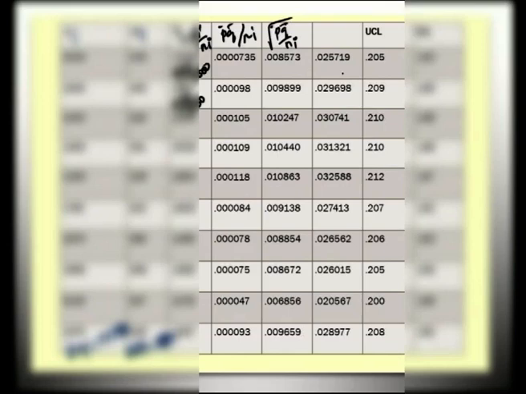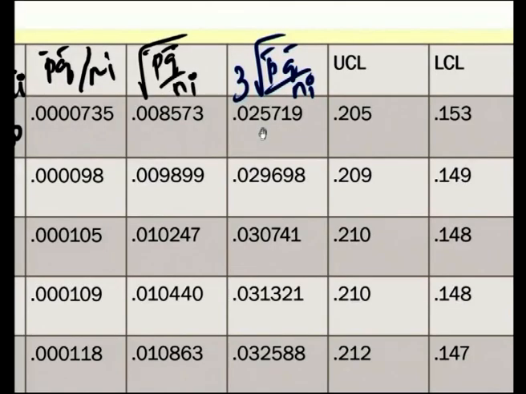Then this value is 3 times root of P bar Q bar by N i. That is 0.008573 into 3, which is 0.025719. Similarly, 3 times 0.009899 is 0.029698.